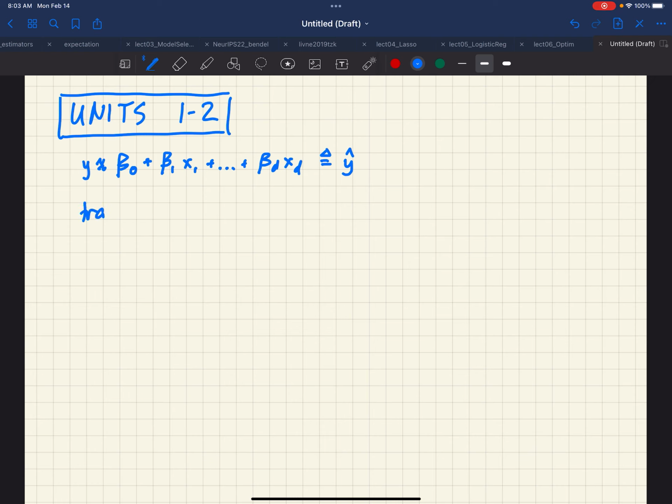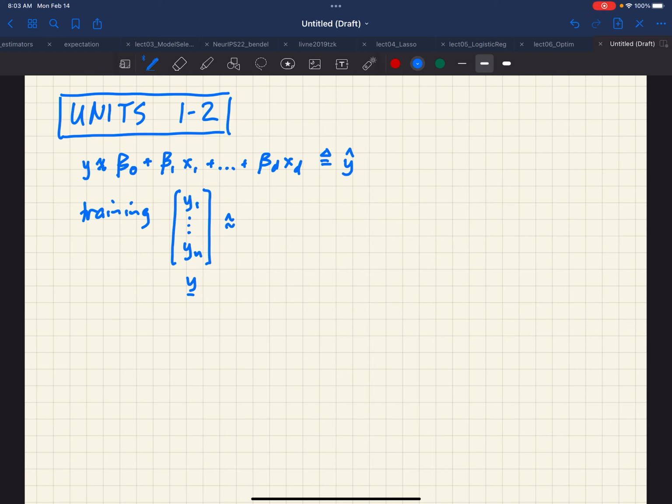And there's the training phase where we fit the parameters, and for this we collect our training labels in a vector. We'll call this y bar.